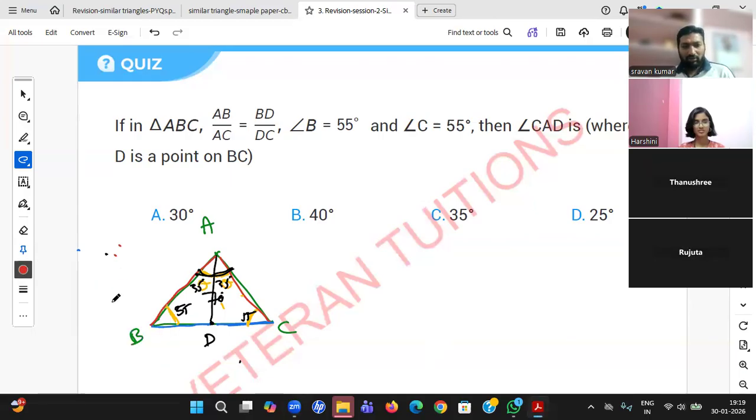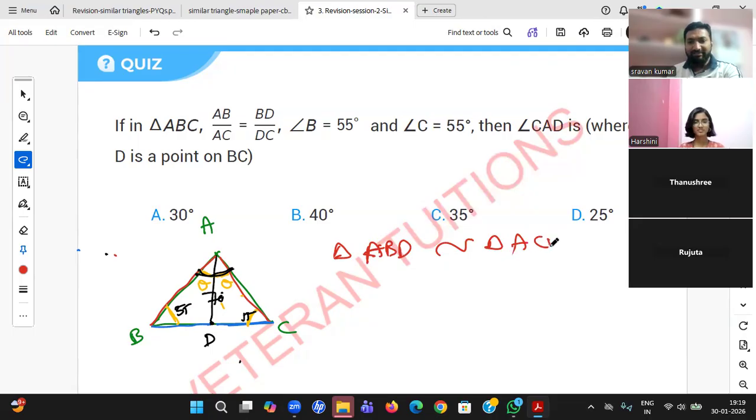Since I got 70, but how is it equal? The question was angle CAD, this one. Yes, sir, but how is it 35 and 35? You see, first of all, you need to prove these two triangles similar. Triangle ABD is similar to triangle ACD. Why?